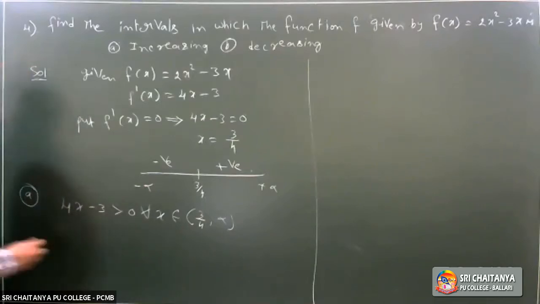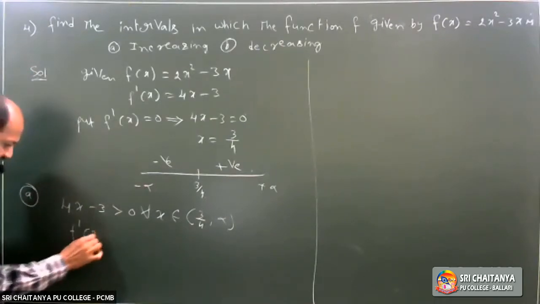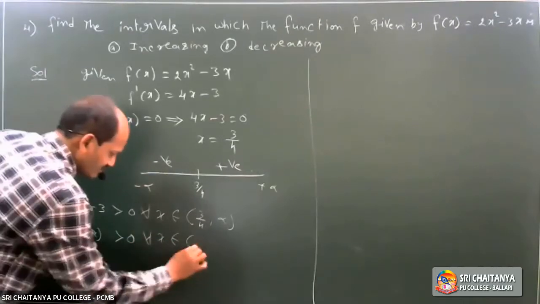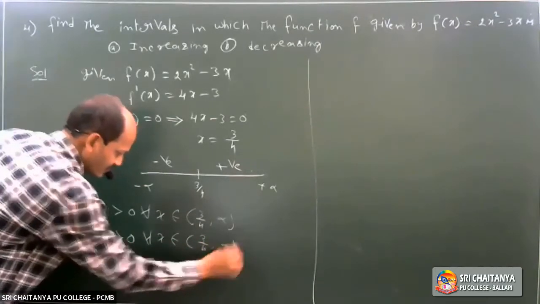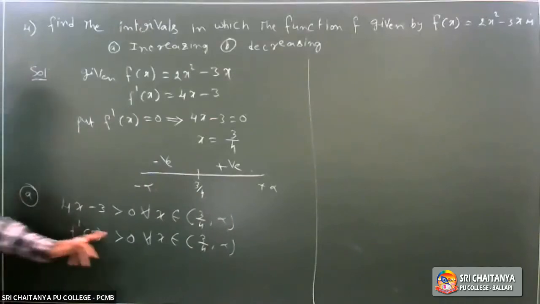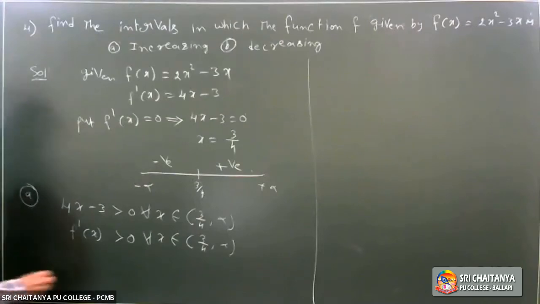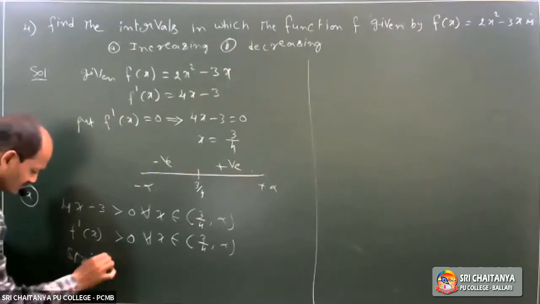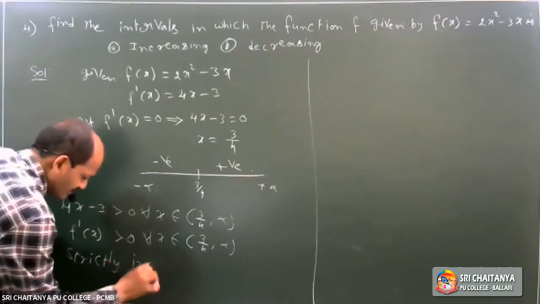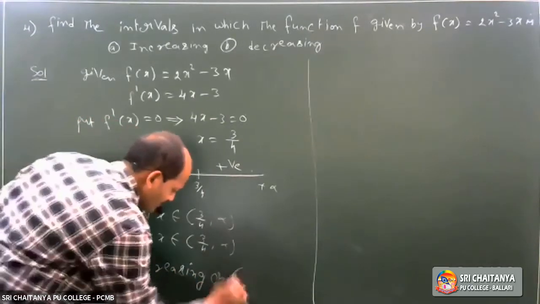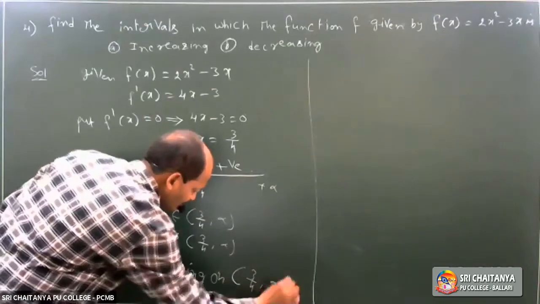That means f dash of x is greater than 0 for all x belonging to 3 by 4 to infinity. So first derivative is positive. Therefore, it is increasing on 3 by 4 to infinity.